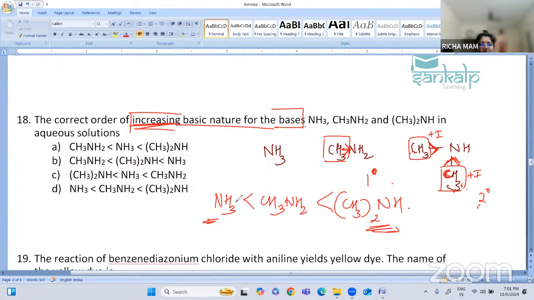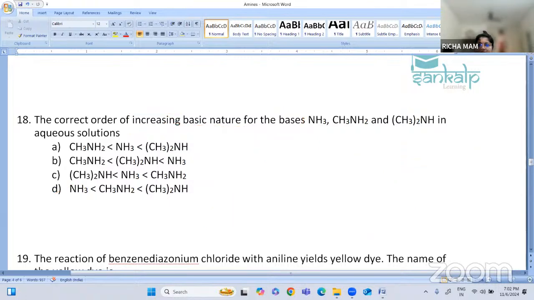So option number D. Because the methyl groups are electron donating, in secondary amines the number of methyl groups is two, so the plus I effect will be more. So secondary methylamines are more basic than primary, and then ammonia. Yes, option number D is the answer.